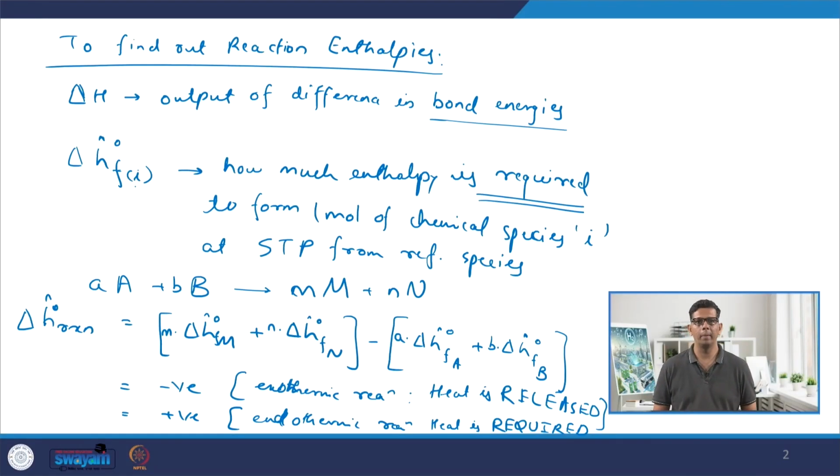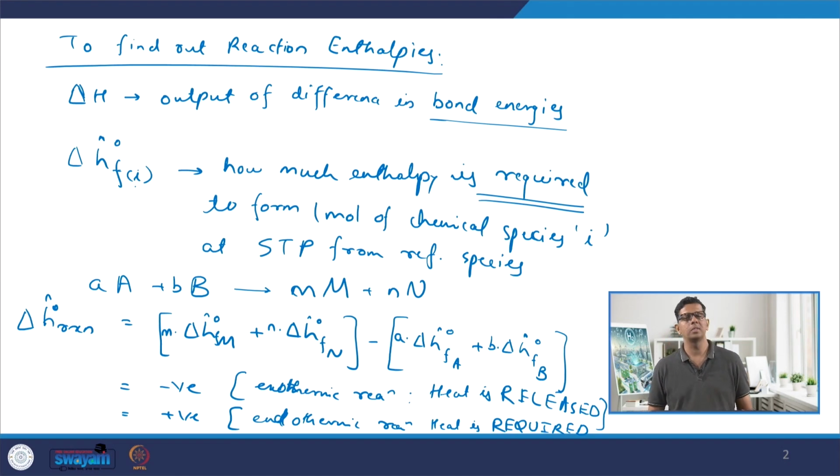So last class we were discussing formation enthalpies and how they can be evaluated, quantified and calculated, if we have a very general reaction involving species A and B getting converted into M and N. We can find the enthalpy of the reaction if we know the formation enthalpies of products and reactants. We can subtract these two as we can see here.